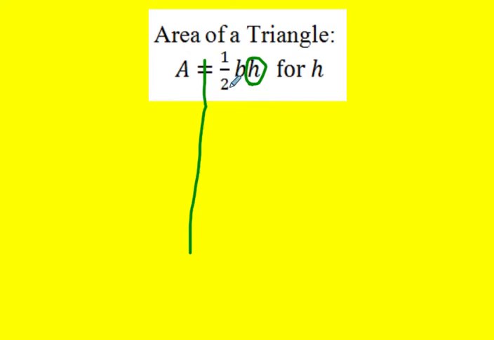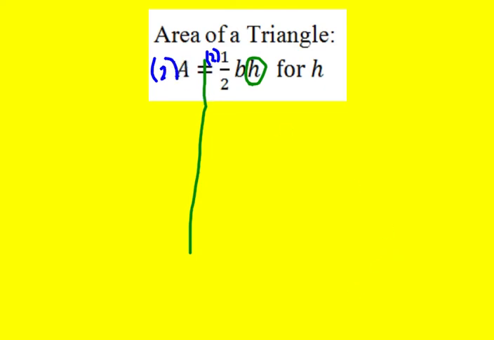And I can see that on the same side as H, I have that 1/2 and the B. We learned when we were solving one-step equations that when we are trying to get rid of a fraction that's being multiplied, we multiply by its reciprocal. The reciprocal of 1 over 2, so I need to flip it over, that would become 2 over 1. So basically I need to multiply both sides by 2. So I'm going to multiply by 2 here and multiply by 2 over here.